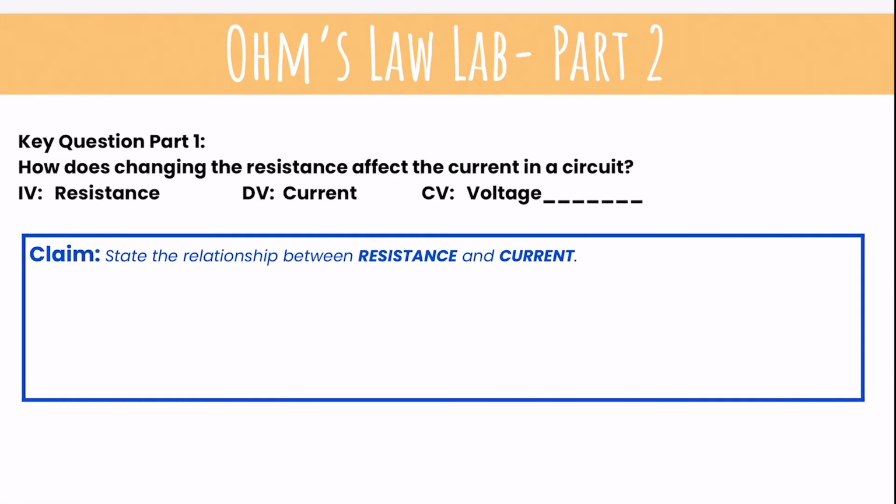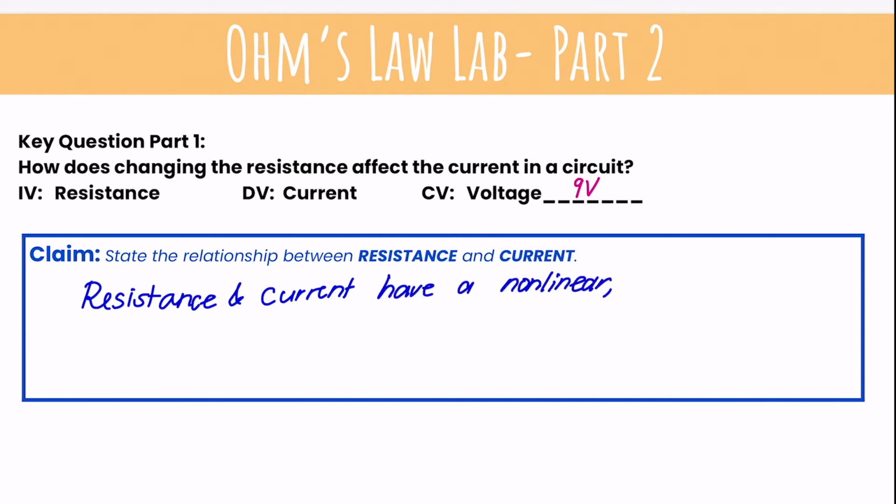Okay, and so I know that my voltage was at 9 volts, and so this means that resistance and current have a non-linear inverse relationship. Okay, so that would be my claim.